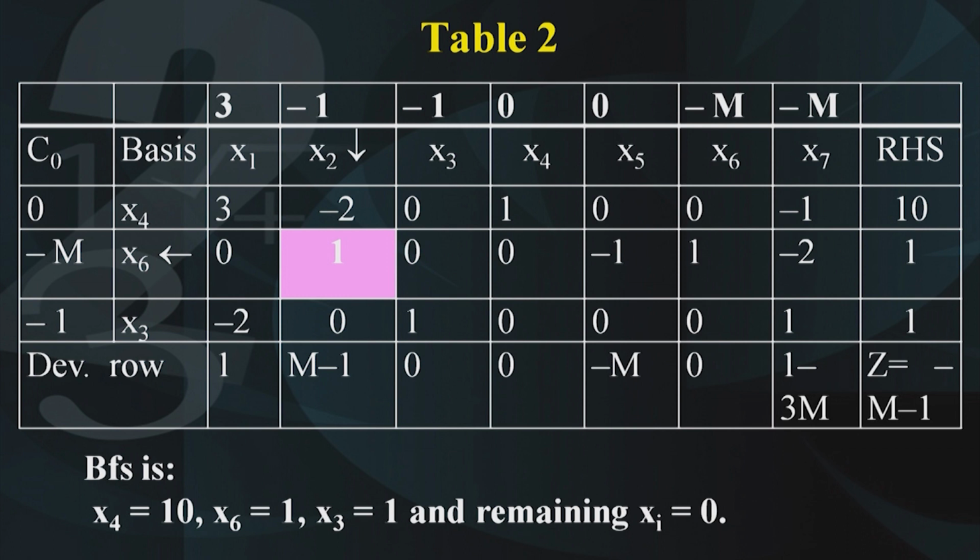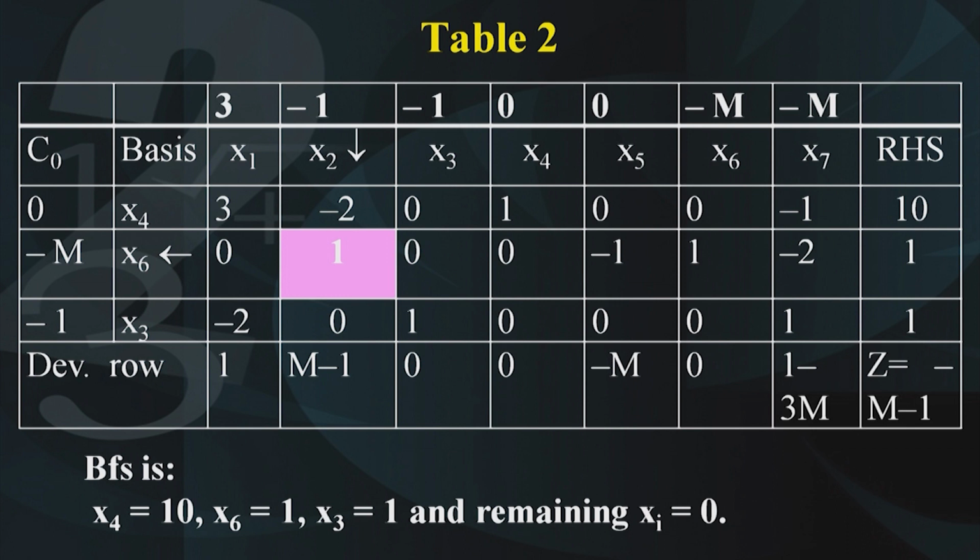Again we need to repeat this procedure, and since we now have the new basis according to the criteria, the corresponding coefficients of the objective function will be introduced into the basis, and similarly the left hand side, the first column will become 0, minus m and minus 1.